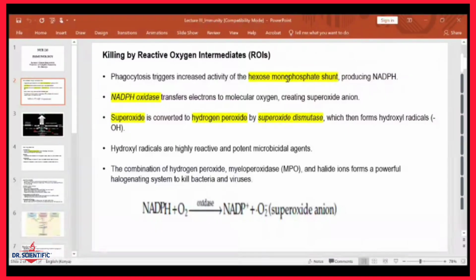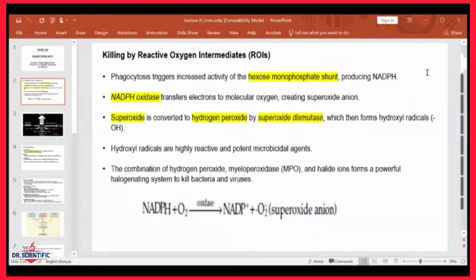It's not among the major pathways we looked at, but if you remember nucleic acid metabolism, there is the hexose monophosphate shunt. Most of the precursors utilized in nucleic acid synthesis are generated there.